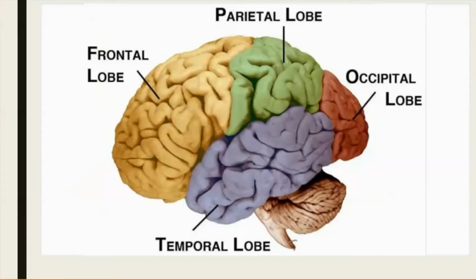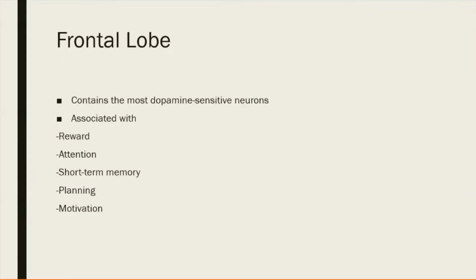But let's talk more about the frontal lobe. The frontal lobe is wild, right? So the frontal lobe has a lot of cells that produce and regulate our neurotransmitter, dopamine.